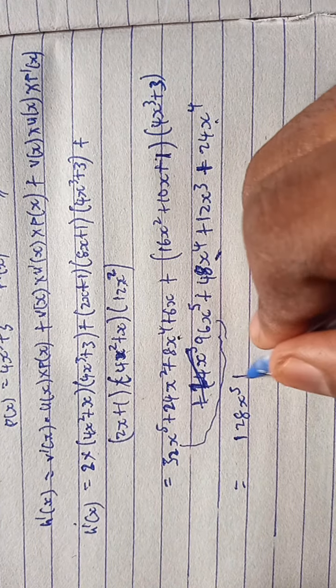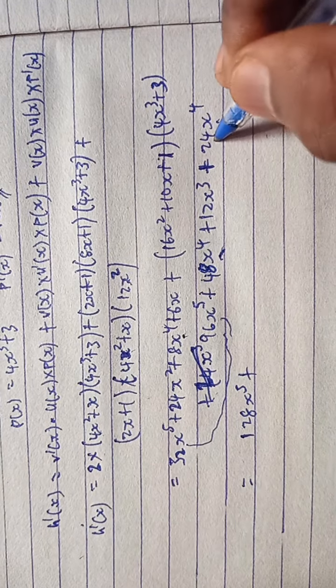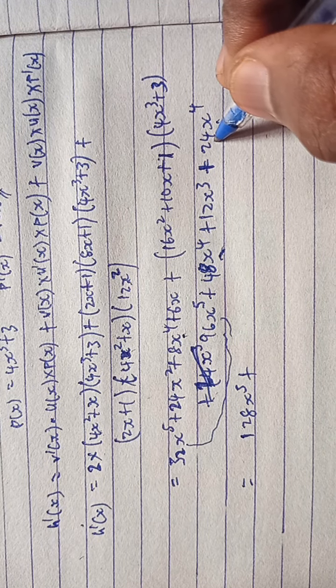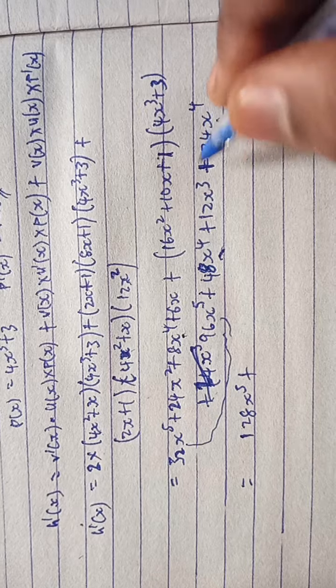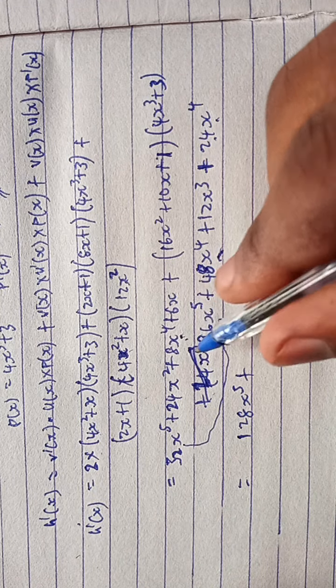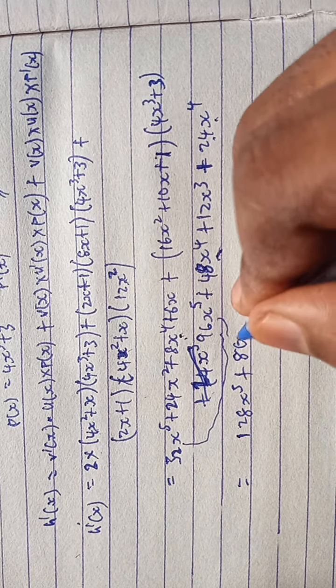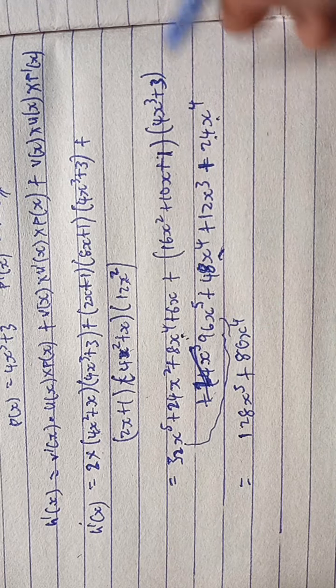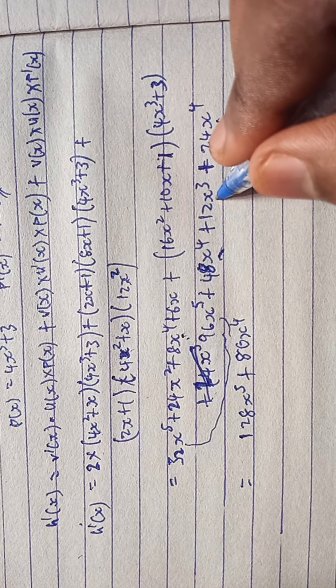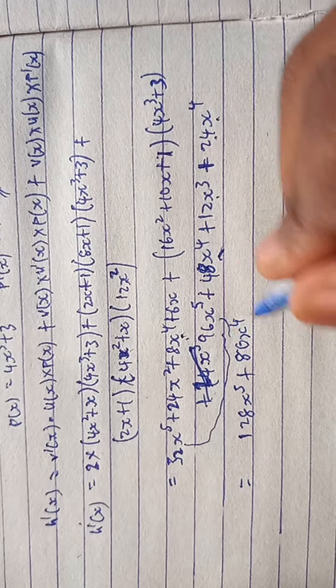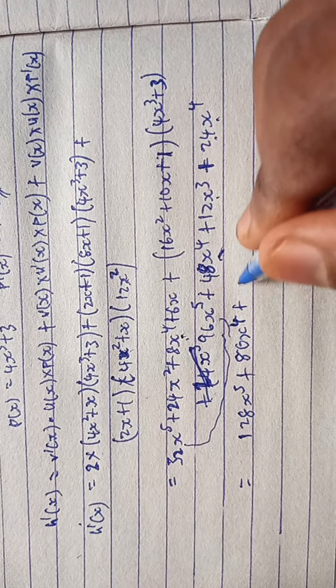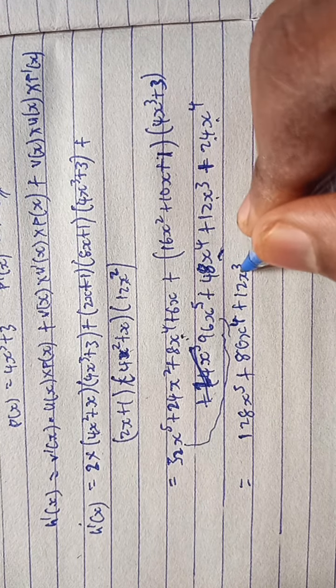That one plus this, what will we get, guys? We'll get 72x power 4 plus this 80x power 4. Then we have keep here, we bring it, so plus 12x cube.